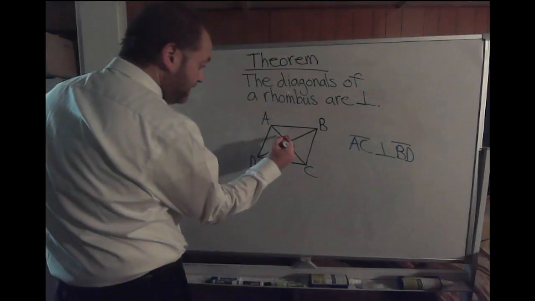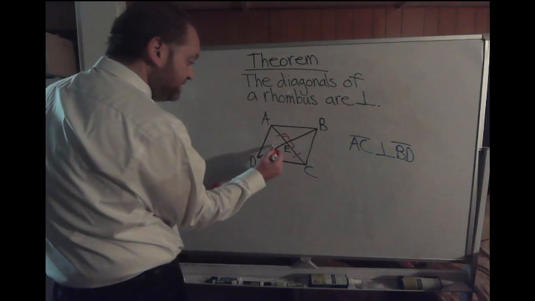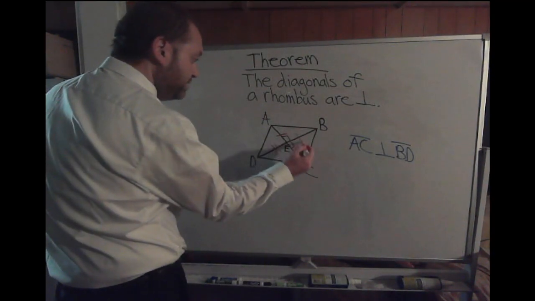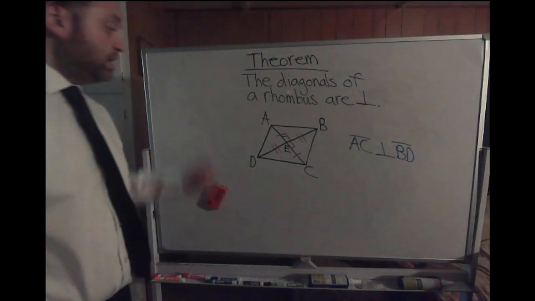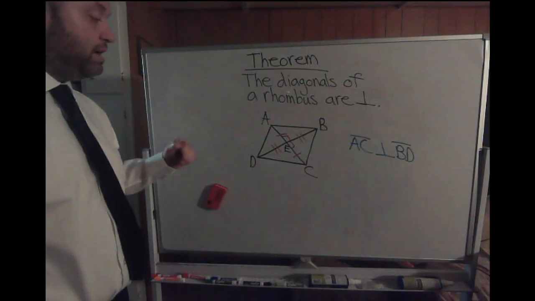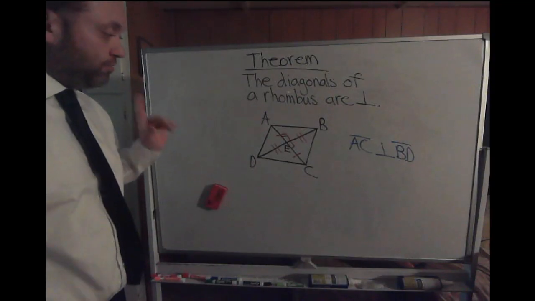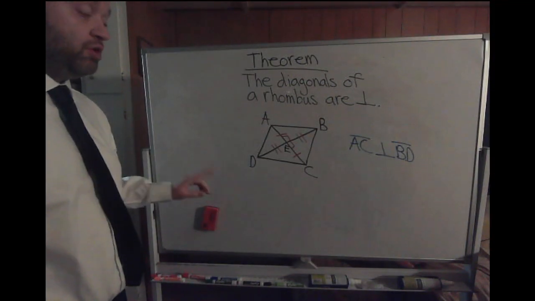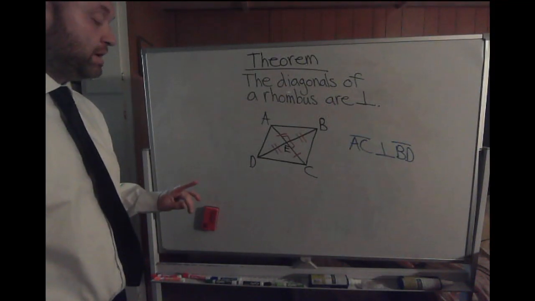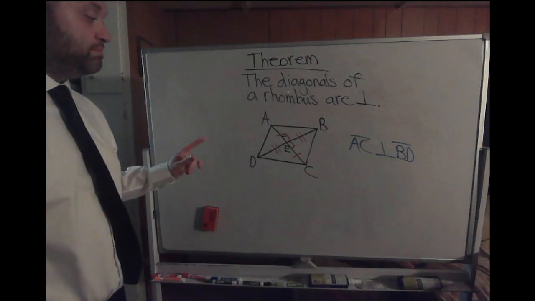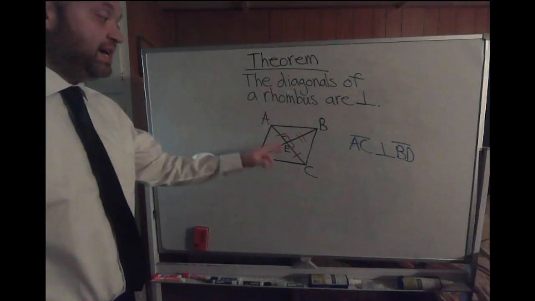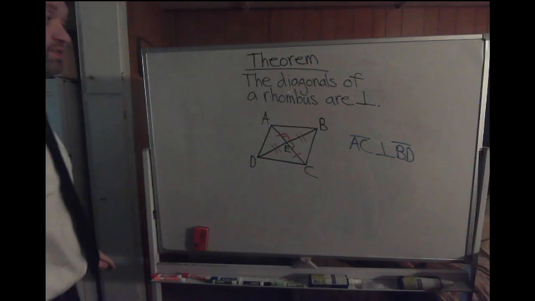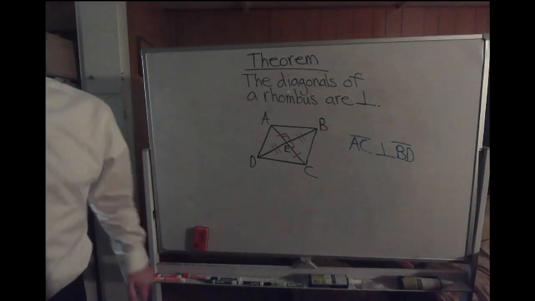So AE would be congruent to CE, and then DE would be congruent to BE. So the special thing about a rhombus is that the diagonals are perpendicular, and in general what they have for any parallelogram is that the diagonals still bisect each other. So that still applies too.